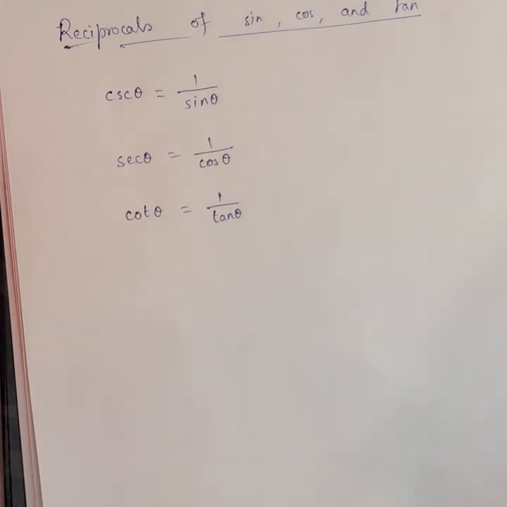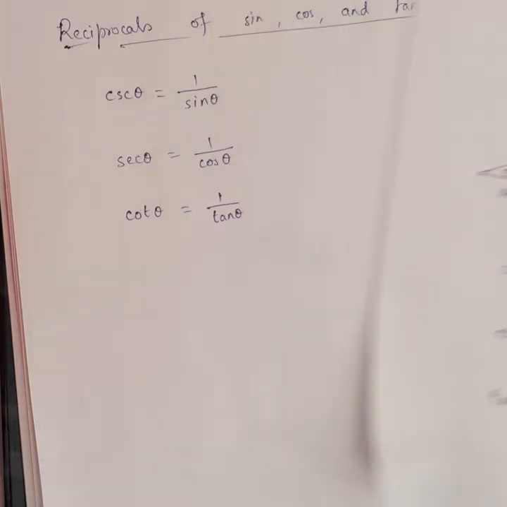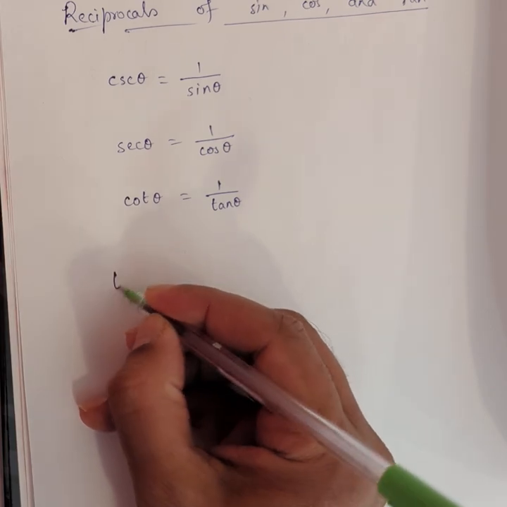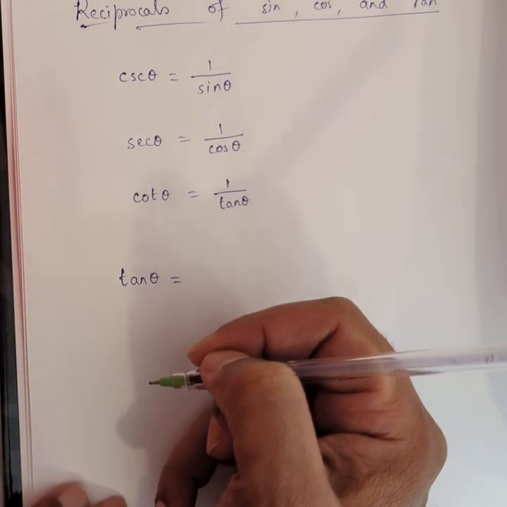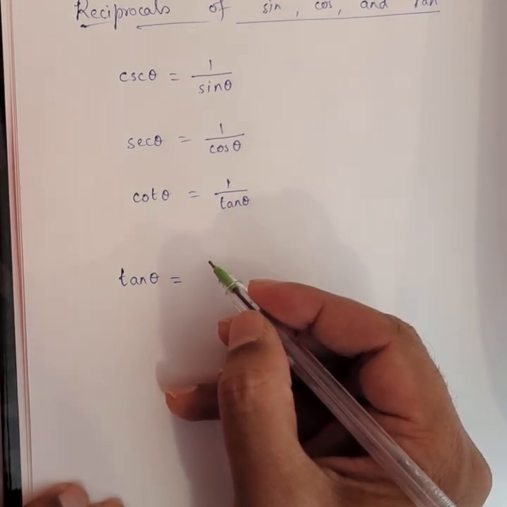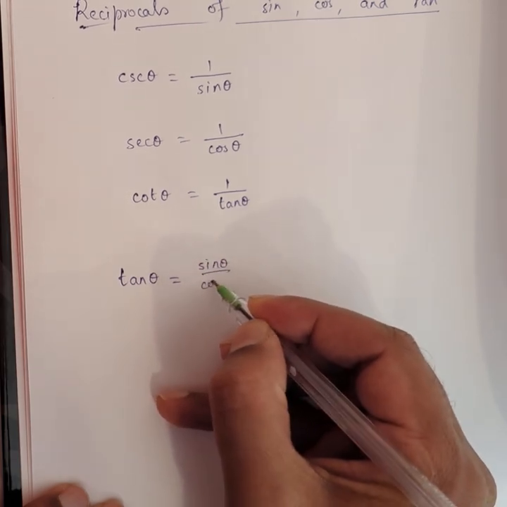So at this point, we defined our trig functions, sine, cosine, and tan, and we want to define one more equivalence. So tan theta is opposite over adjacent, but this is also equal to sine theta over cos theta.